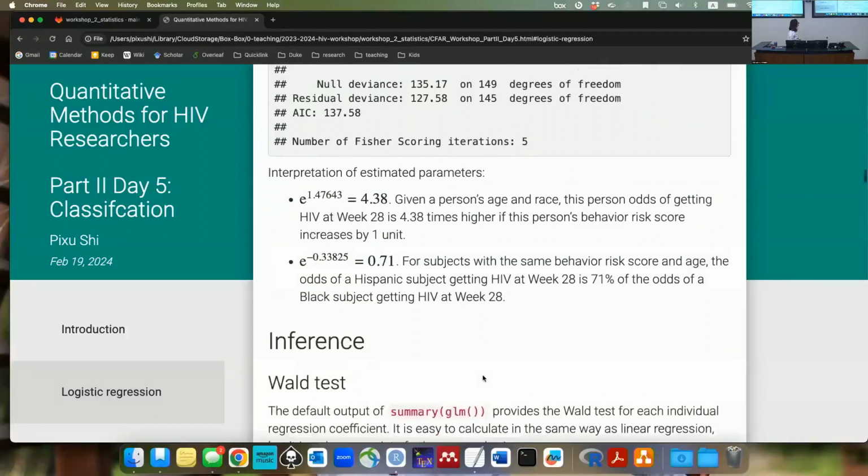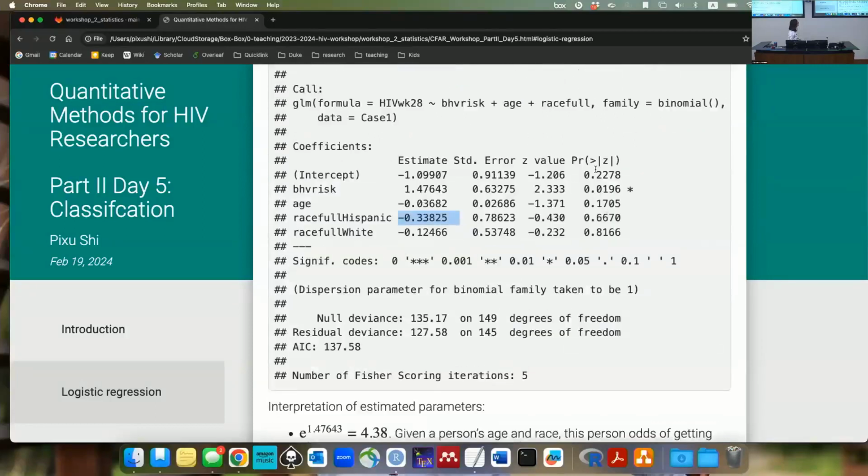And for the inference, you can definitely look at the p-values here, but you need to be careful if you have a small sample size, because the p-value here uses several approximations behind the stage. It's assuming large sample normality.